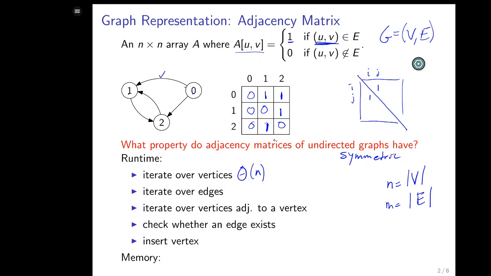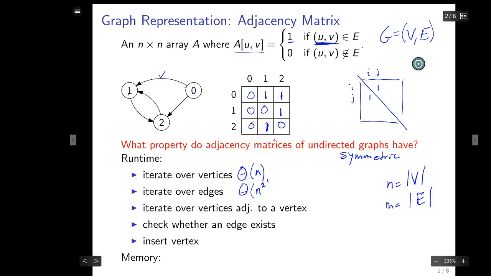Iterating over the edges. If I wanted to find all of the edges and do something to them, like add a property to all of them, or maybe reverse them if I was in a directed graph, how much time would it take me to iterate over all the edges? This is the problem with the adjacency matrix.